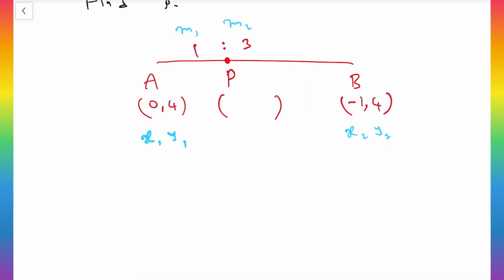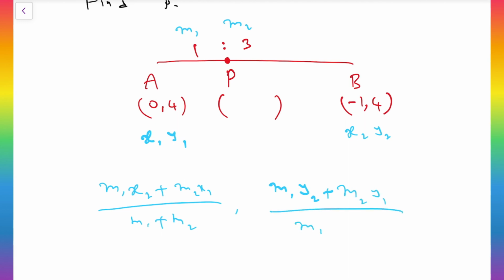So the formula, that is section formula, is m1 x2 plus m2 x1 whole divided by m1 plus m2, comma, y will come right now because x completed here, m1 y2 plus m2 y1 divided by m1 plus m2.